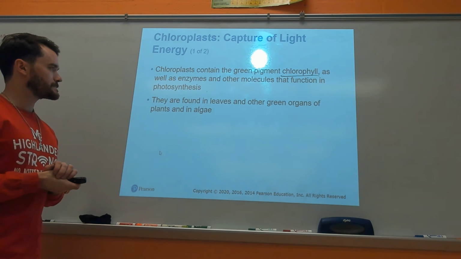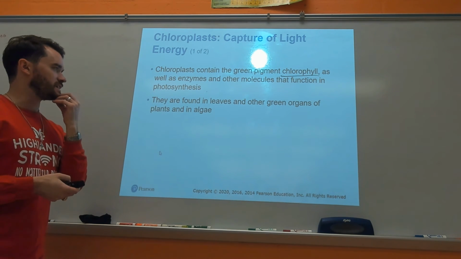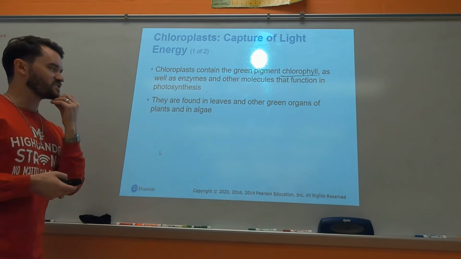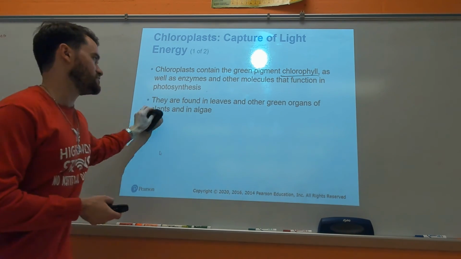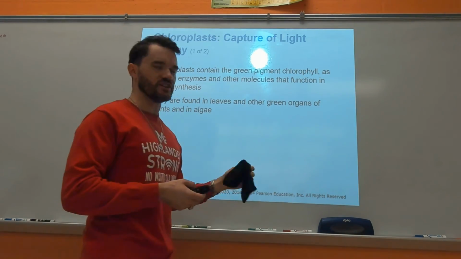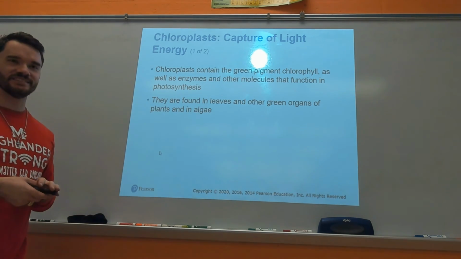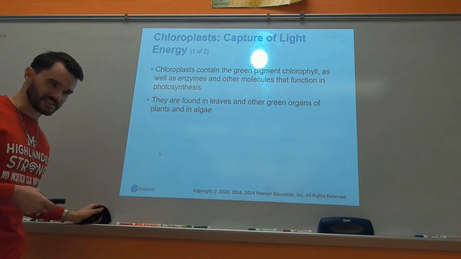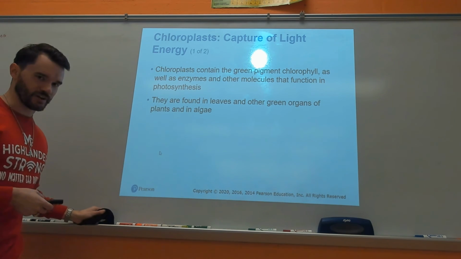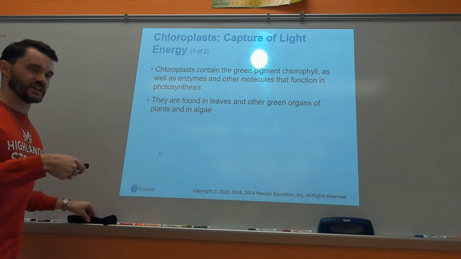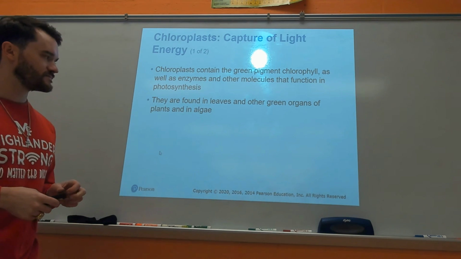Chlorophyll is found in leaves, and generally speaking, anything that's green in a plant can do photosynthesis. The bark of a tree, the tree trunk, doesn't do photosynthesis because it's not green. It's not green because it doesn't have chlorophyll, and if it doesn't have chlorophyll, it can't do photosynthesis.